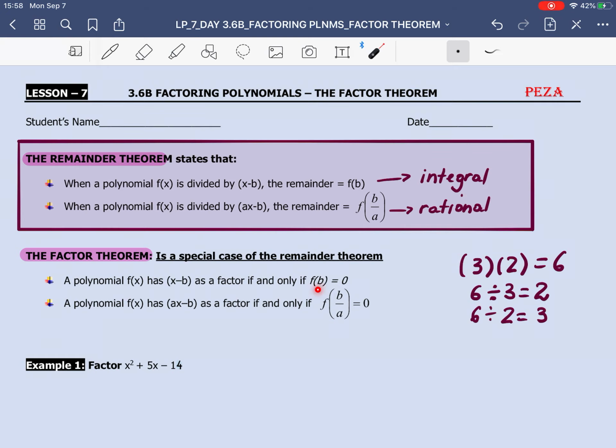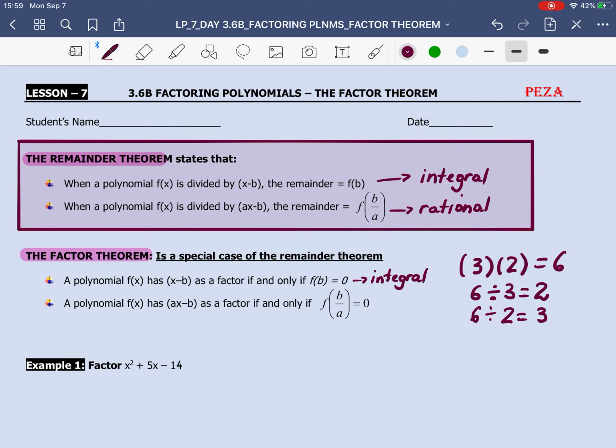Now, remember that the value of the remainder is measured by the value of the function at b. So in other words, we're going to say that x minus b is a factor of f of x if f of b equals 0. This is what we call the integral form of the factor theorem, and that's again because b is an integer.